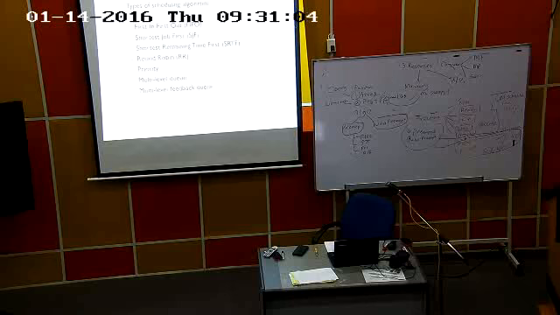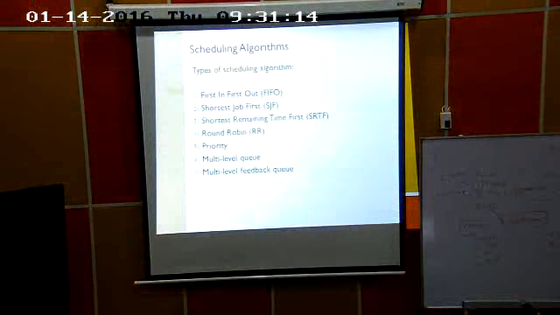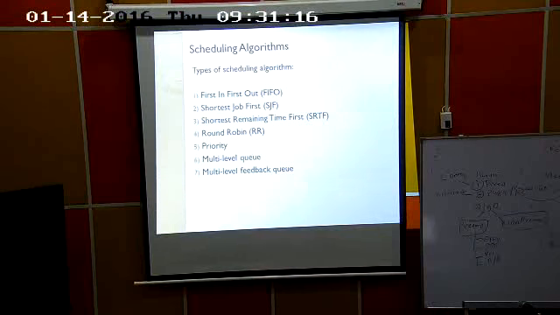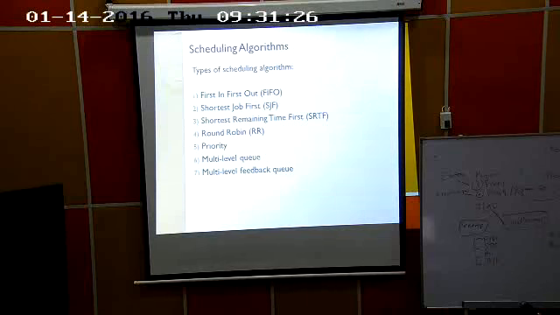Shortest remaining time first is preemptive. Round robin, preemptive. Priority is non-preemptive. Multi-level is preemptive. When you say multi-level queue or multi-level feedback queue, it is a combination with FIFO and round robin, or SJF with round robin. Usually with round robin.